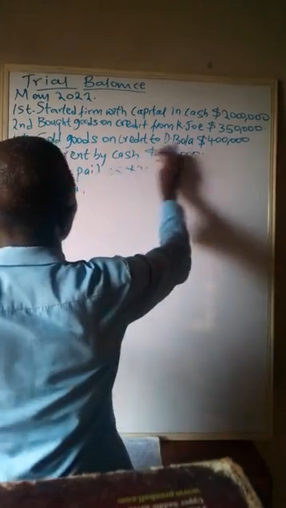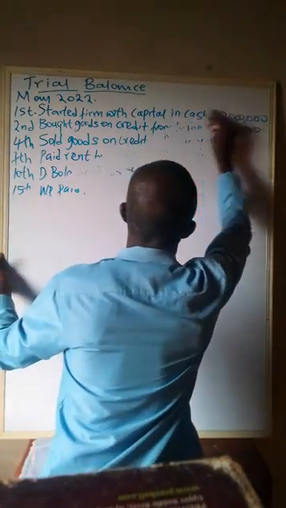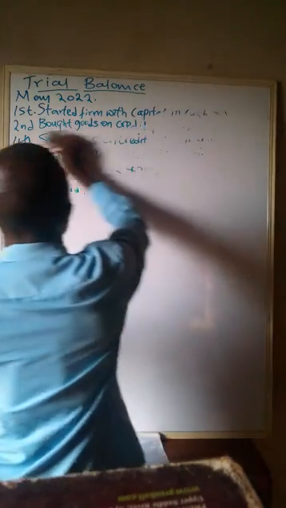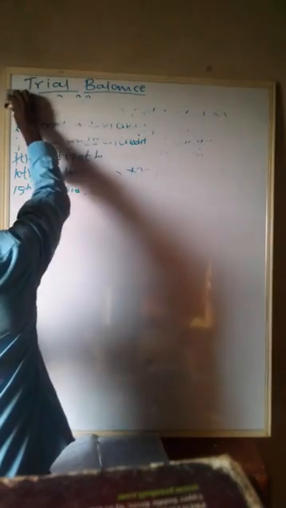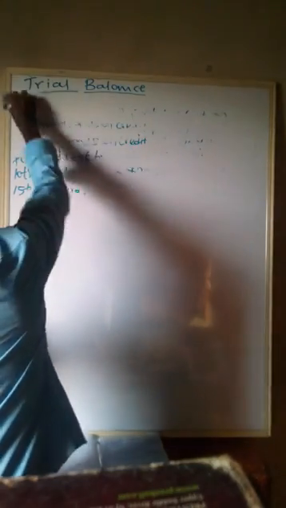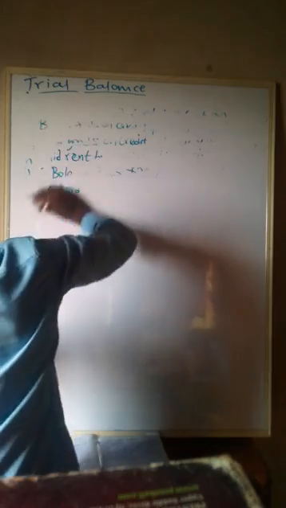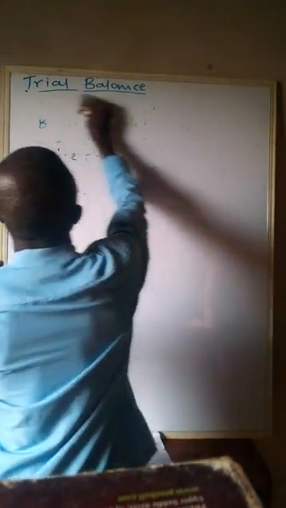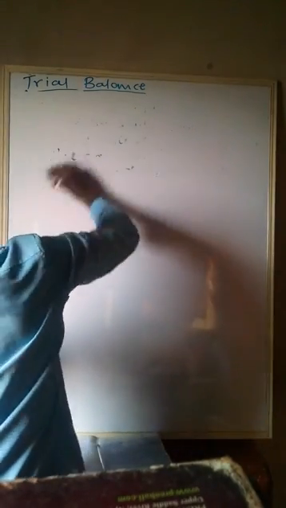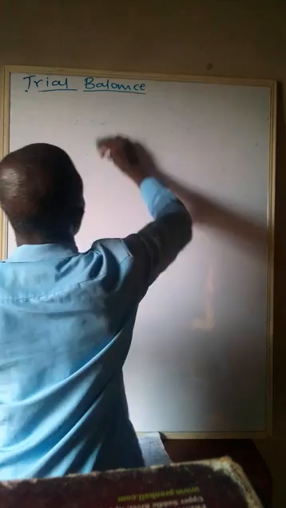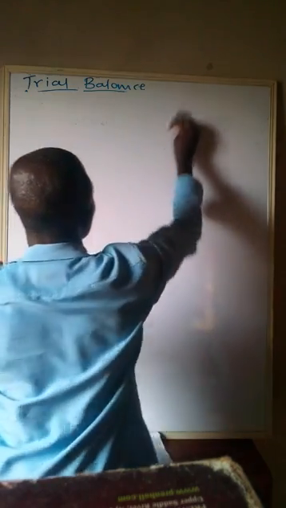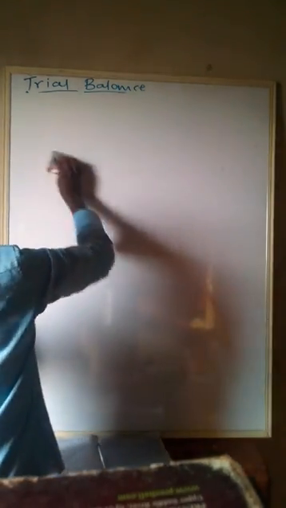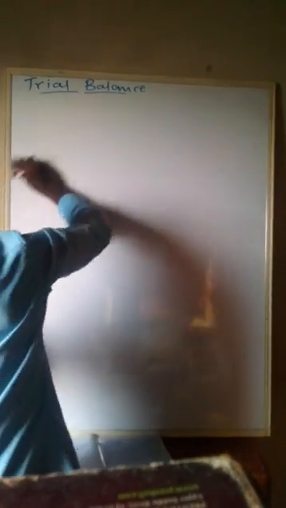They just had expenses, purchases and sales, return inwards and return outwards. So today we change it a little bit to include capital and the asset of motor van.